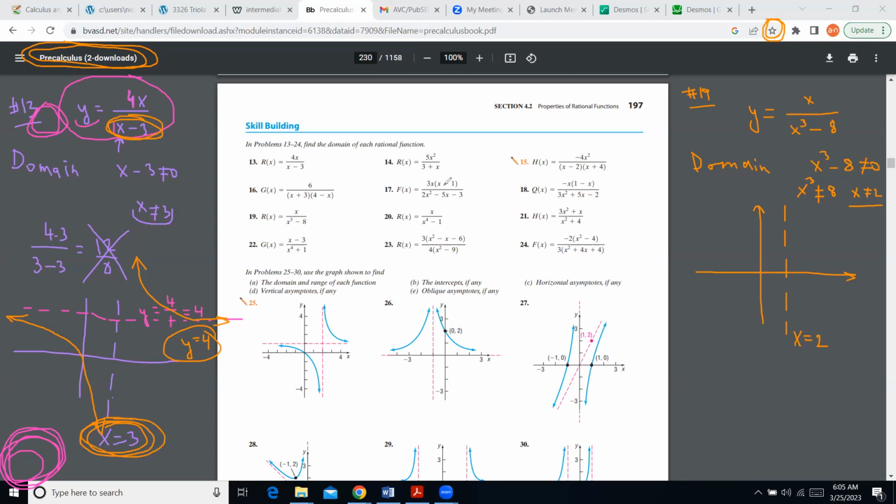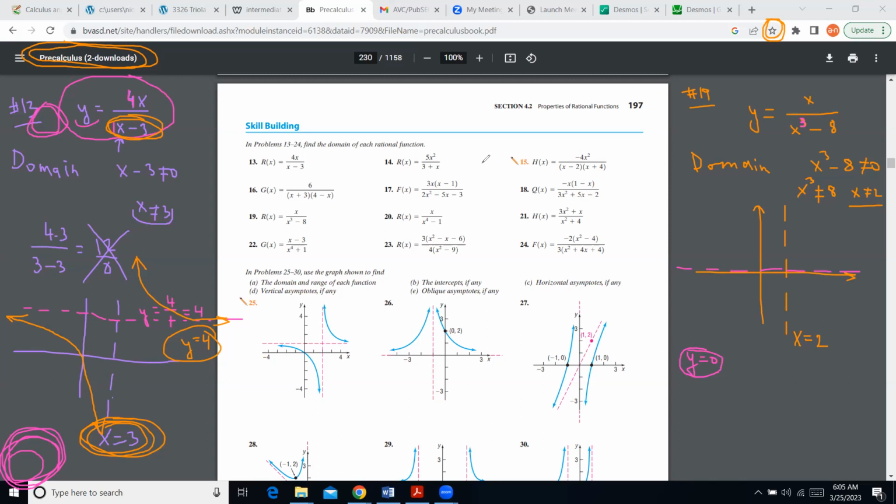It turns out that to find the horizontal asymptote here, I need to look at the powers of x. And with denominator, I have a bigger power. Denominator is x cubed. So this means that my horizontal asymptote is y equal to 0, or the x-axis.